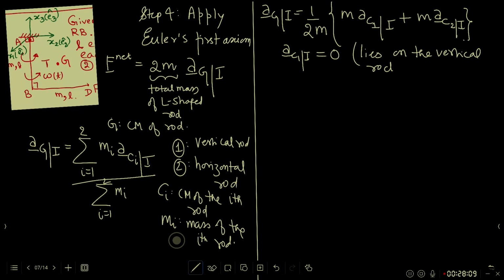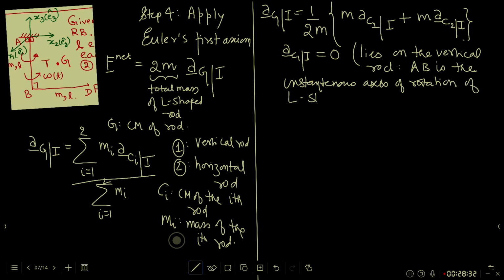Actually, the vertical rod is the axis, the instantaneous axis of rotation. AB is the instantaneous axis of rotation of the L-shaped rod.